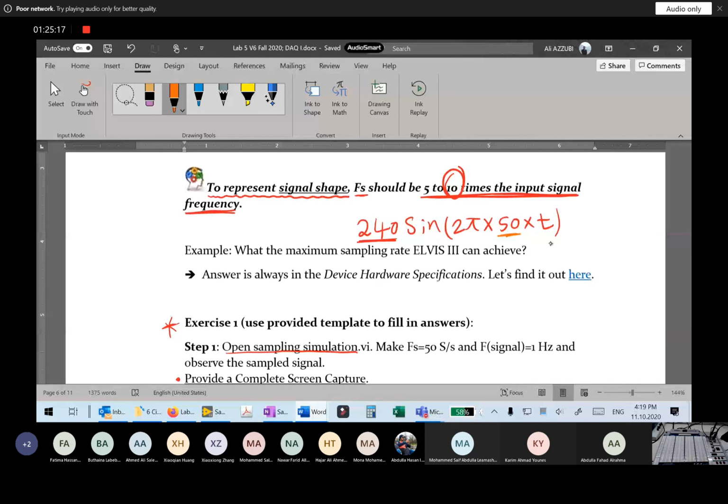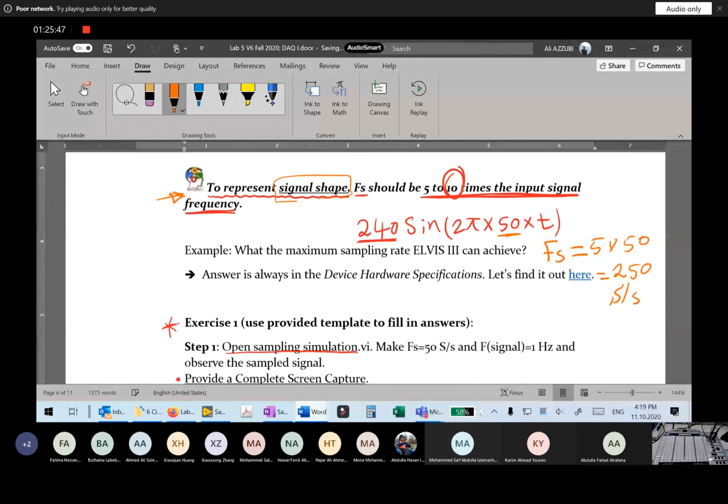Yani fs equals what? 101. 101, but satisfying this rule as well, to have a good shape, you need 5 times the input signal. So 5 times 50, right? So you need how much? 250 samples per second.